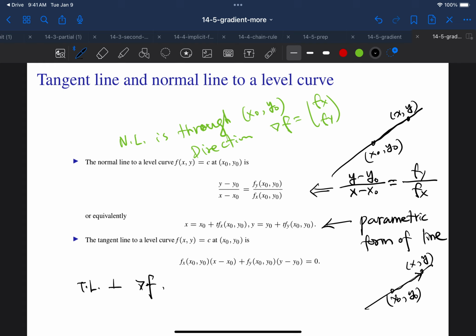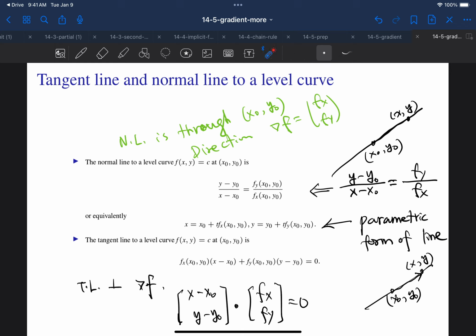This vector is given by x minus x0, y minus y0, which is perpendicular to gradient f, which is fx, fy. Perpendicular means their dot product equals 0. If you calculate x minus x0 times fx, this is the first term, and these two give the second term. Add them together, which is the dot product, and it has to be 0 because they are perpendicular.